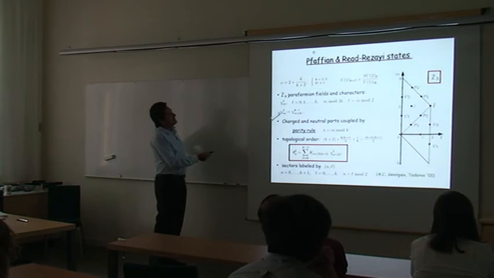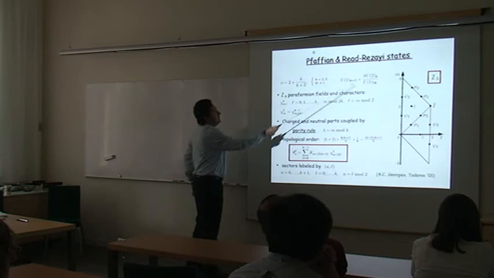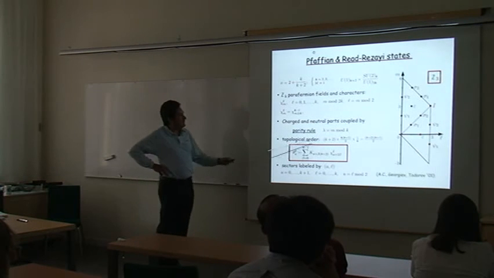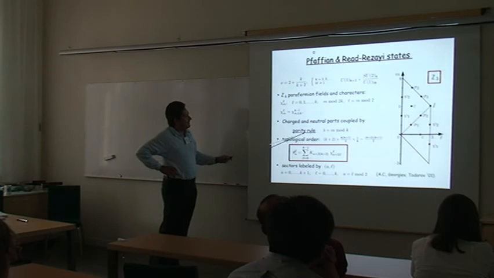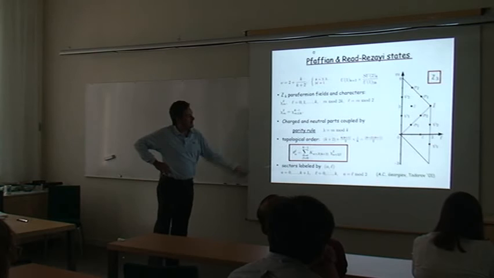So in fact these sectors, these parafermionic fields, obey this rule. And also in these theories, the neutral part and the charge part are combined by a selection rule, which can be called the parity rule, which is that the value of the fractional charge is equal to the value of the spin part of the parafermion modulo k.